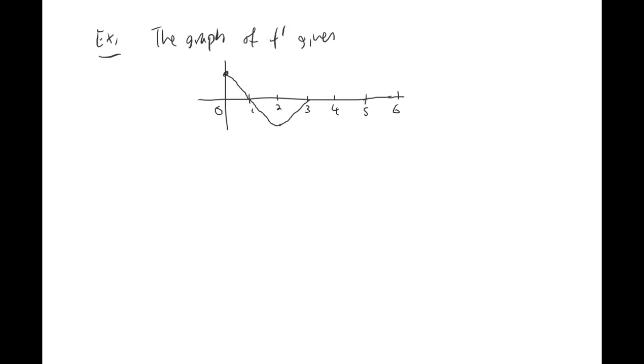Okay, so the graph looks like this. At 4 is the top of the hill, bottom of the hill, something like this. So this is the graph of f prime.